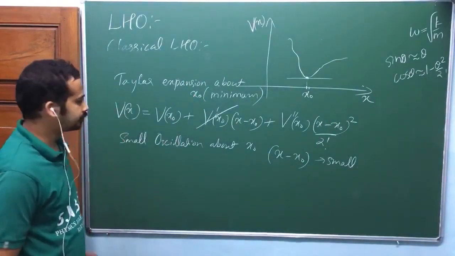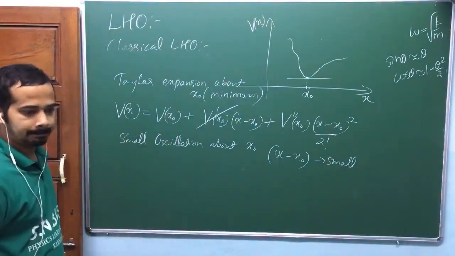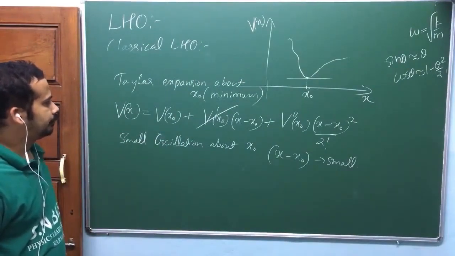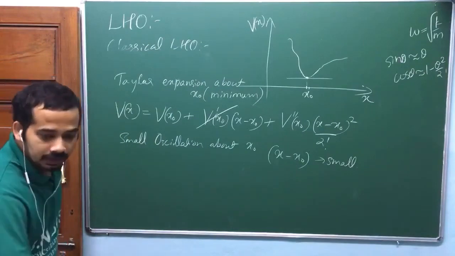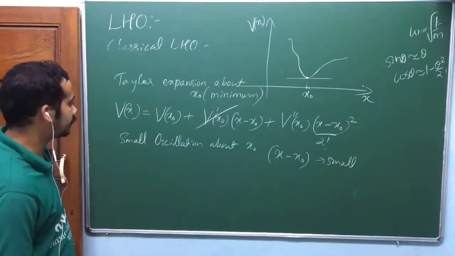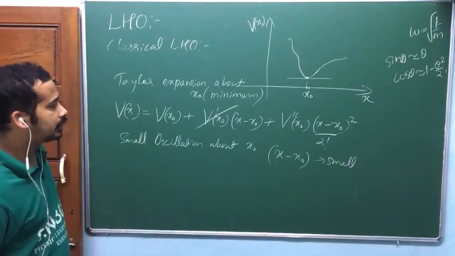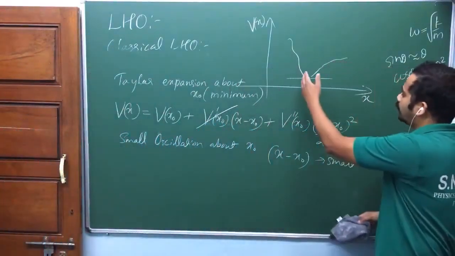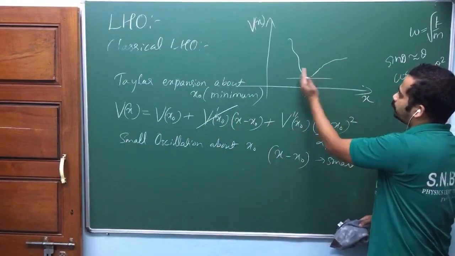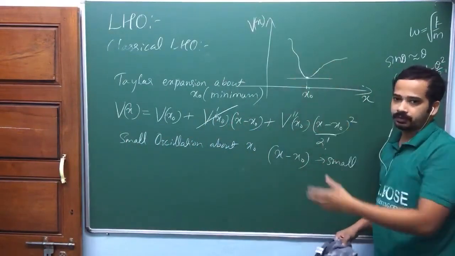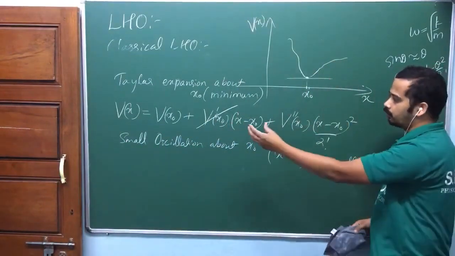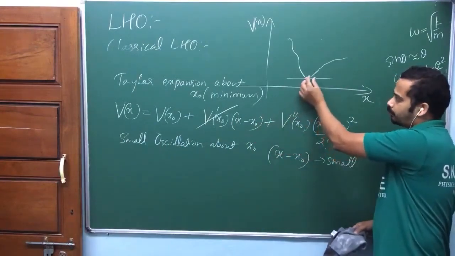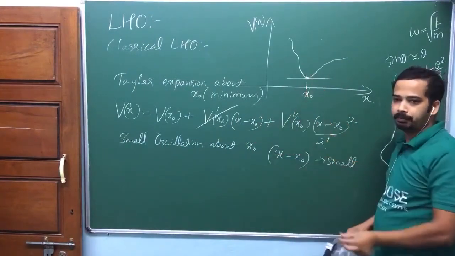Sir, why are we taking a Taylor expansion about the minimum? What is the physical interpretation behind it? No, that's why I have shared one video by R. Shankar. Just check out what you mean by Taylor expansion. If you have more and more terms, it can explain more and more region of this curve actually. If you have only some terms, it can explain only some very minimum part of that one.